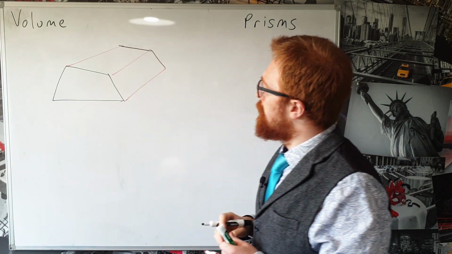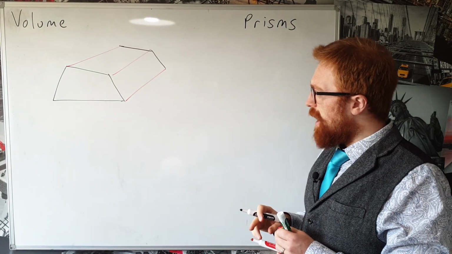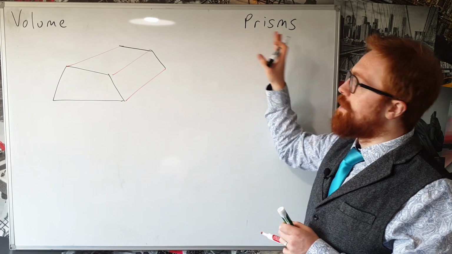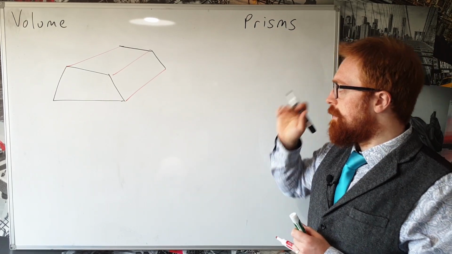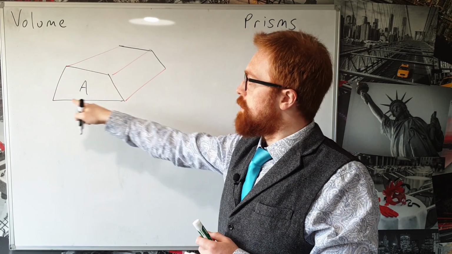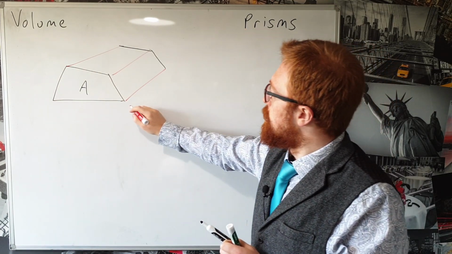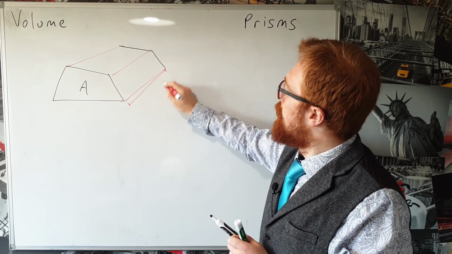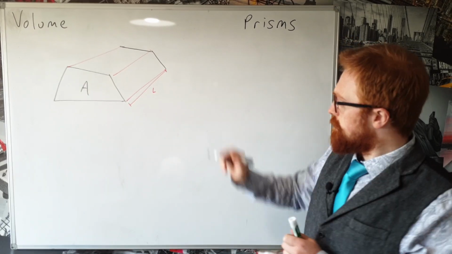Now to find the volume of a prism, it's very simple and it's the same method every single time for a prism. You find the area of the polygon that you started with, and then you times it by the length of the polygon.